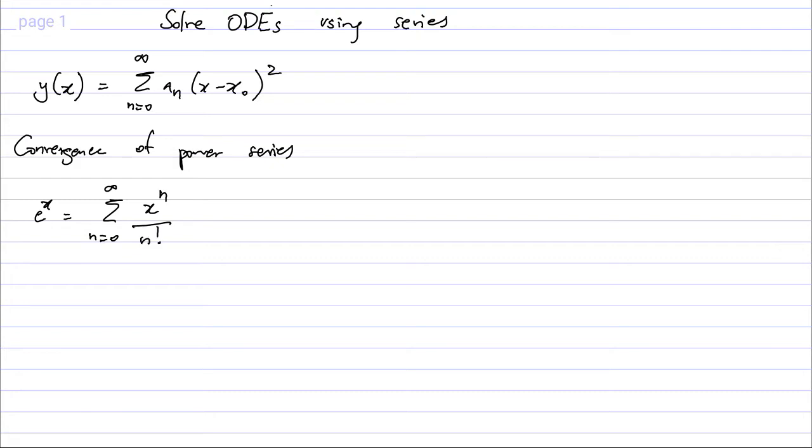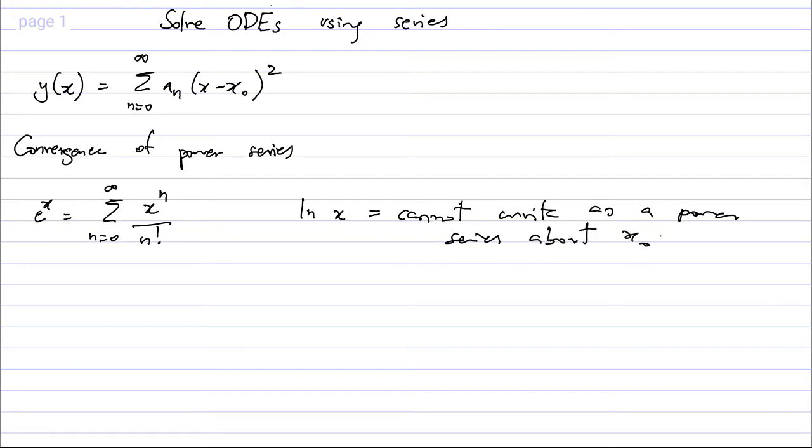On the other hand, you have some other series which does not converge for all values of x. And for some points, of course, you cannot write down a power series. For example, for ln x, you cannot write a power series about the point x equal to 0, because the function is not defined at x equal to 0.